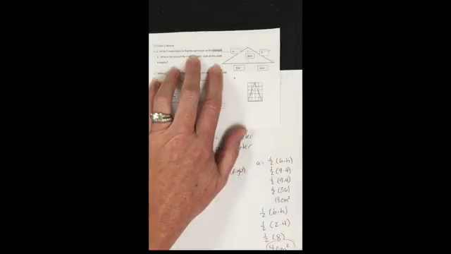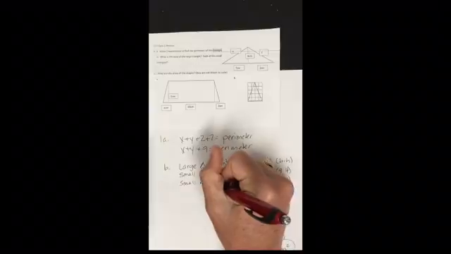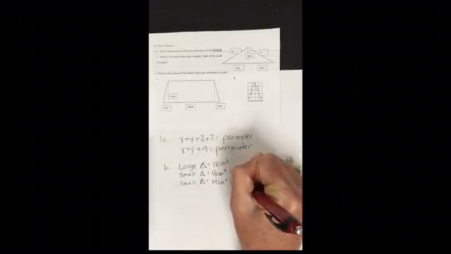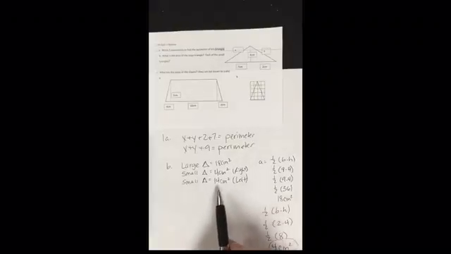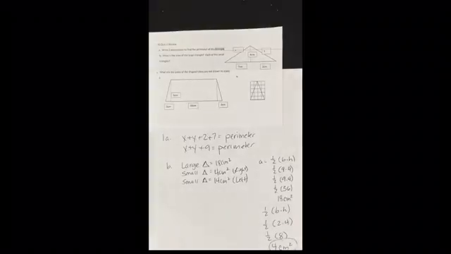My height is 4. So I have 1/2 of 28, which is 14 centimeters squared. So I'm going to label this as 14 centimeters squared. And this is my left triangle. I should be able to add both of the small triangles together and get the area of the large triangle, which I can do, so I know that I am right.